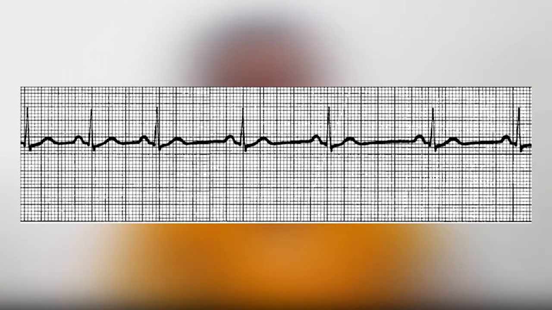P wave is normal and consistent in shape, always in front of the QRS. PR interval is consistent, between 0.12 to 0.2 seconds. P to QRS ratio is 1:1. This is about the ECG criteria of sinus arrhythmia.